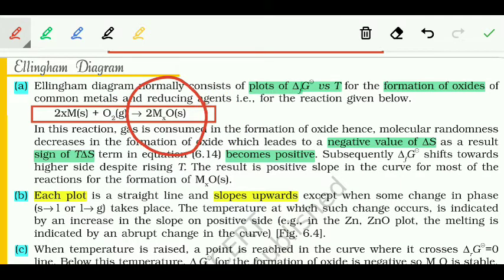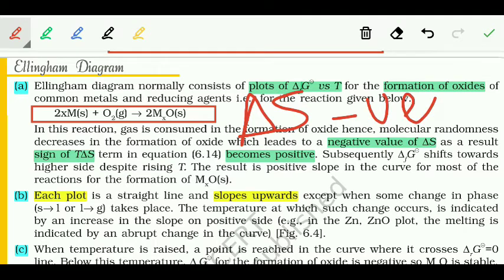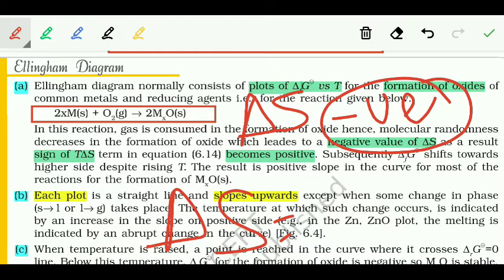So we can say that after completion of the reaction, randomness decreases due to the absence of a gaseous phase, and consequently the entropy of the reaction also decreases. It simply means that delta S of the reaction is negative, or you can say that delta S of the reaction decreases as the reaction proceeds.